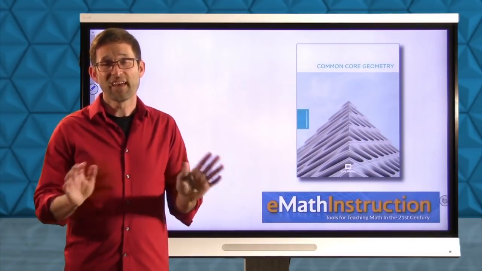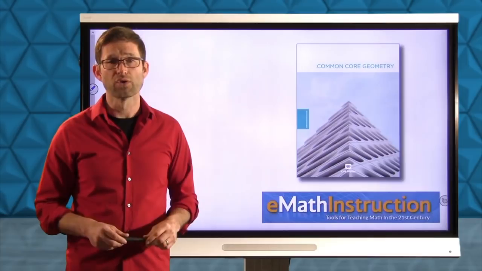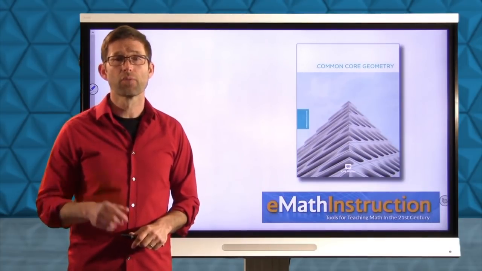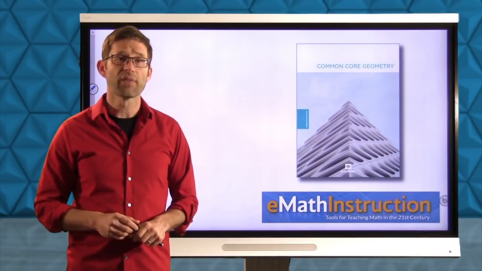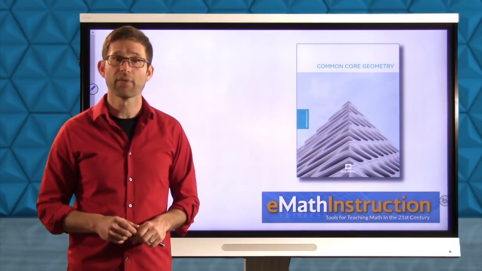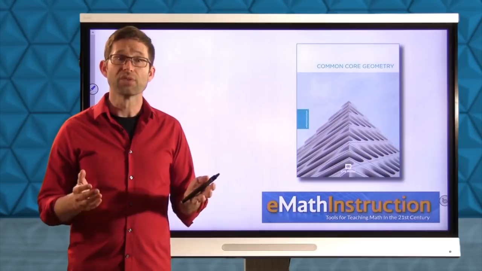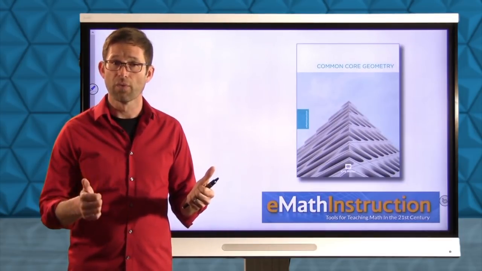But getting by that, the thrust of today's lesson was all about writing the equations of lines that are tangent to circles at a particular point on the circle. The key to doing that is the fact that the tangent line will be perpendicular to the radius at the point of tangency. That allows you to then find the slope of that radius because you know the point of tangency and you know the center of the circle.